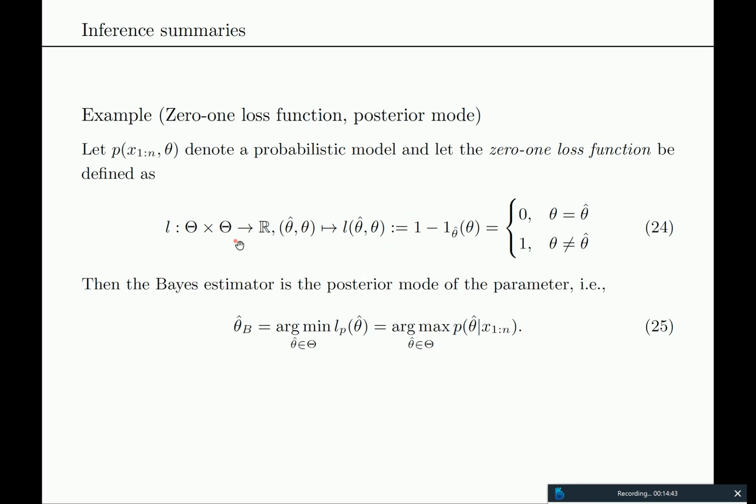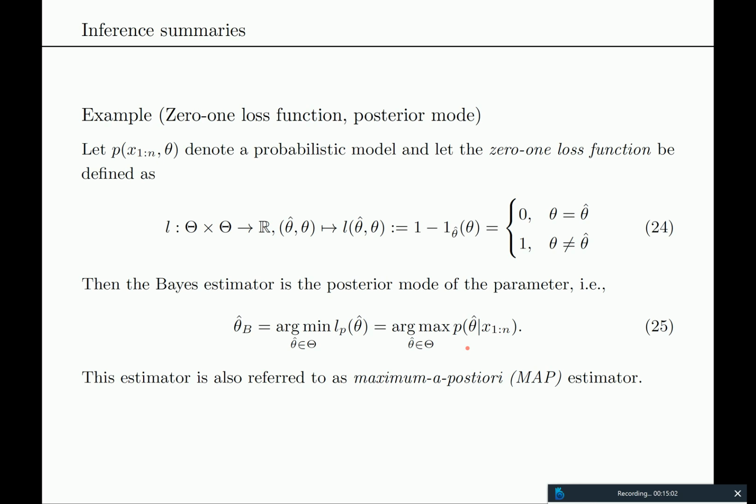So again, under 0,1 loss function, the Bayes estimator is the posterior mode. So the value that minimizes the posterior loss is the value that maximizes the posterior distribution. And this is also referred to as MAP.